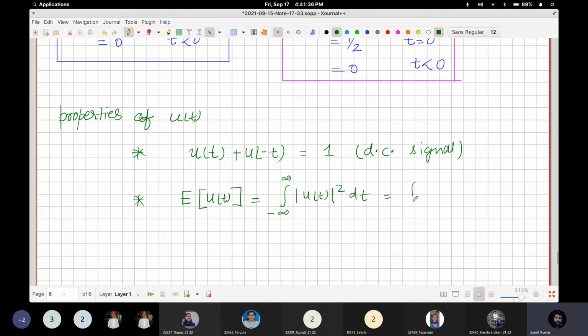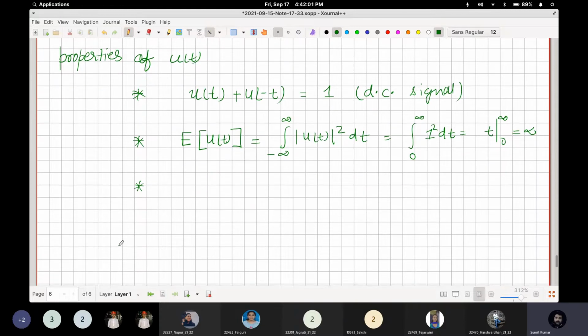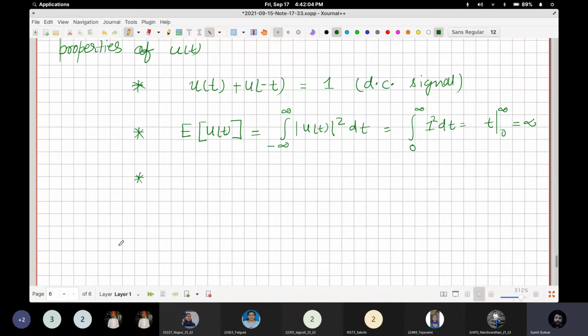Since it's a real signal, it's basically 0 to infinity only, and u(t) is 1 for t greater than or equal to 0, before that it is 0 anyway. So this is 1² dt, and you will have t with limits 0 to infinity, which is equal to infinity. So the energy of a unit step signal is infinite. Which means it's not an energy signal. Energy has to be finite for an energy signal.